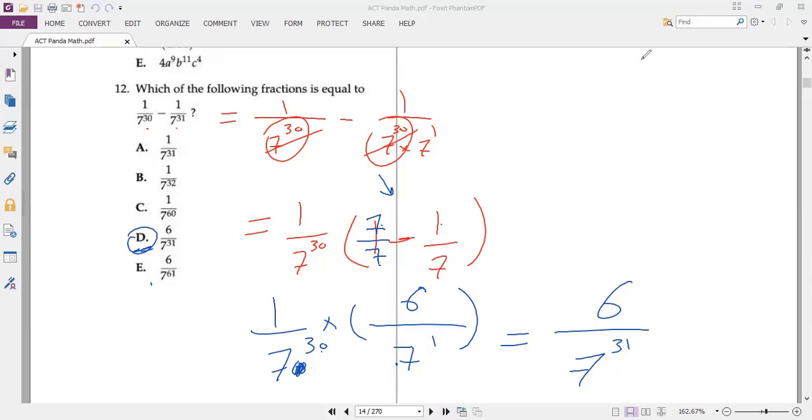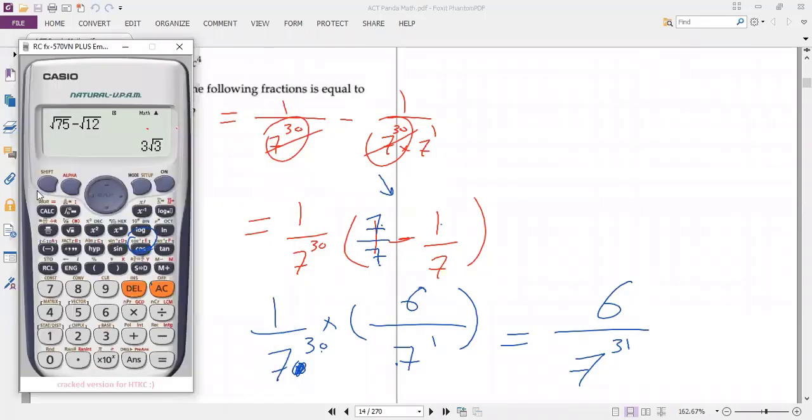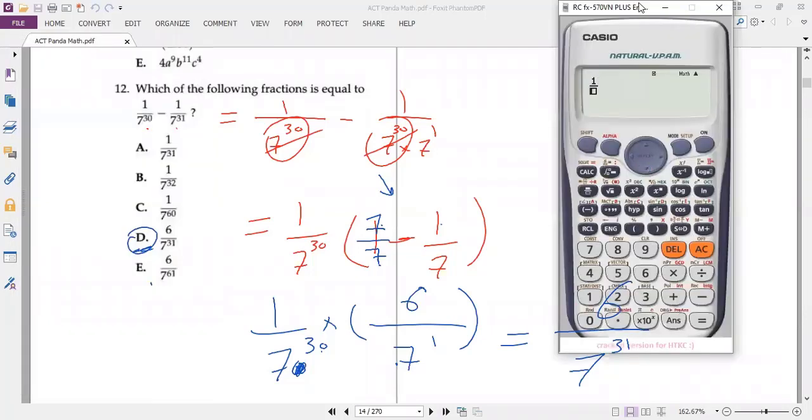Try to use the calculator. I think some calculators can do it, but most calculator models cannot. Say, check it please here. 1 over 70 power 30. Here minus a fraction again.